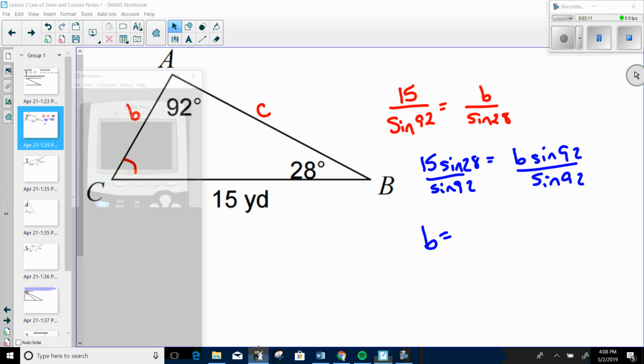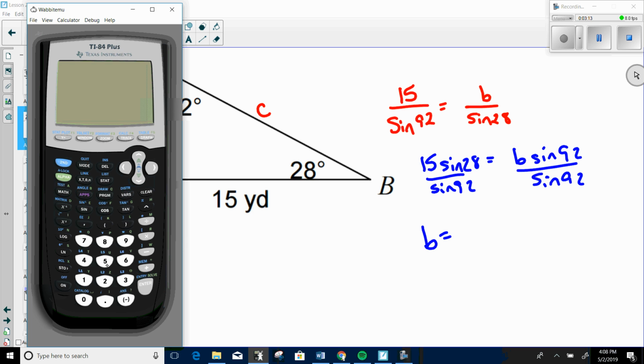I'm going to pull the calculator up here, and I'm going to show you what that looks like. We clear out what's already in there. Your calculator needs to be set in degrees, because we're working in degrees, so you would go into mode and change it to degrees. Mine's already set up in degrees, so I can get out of there.